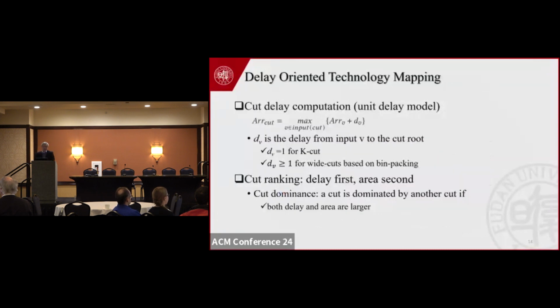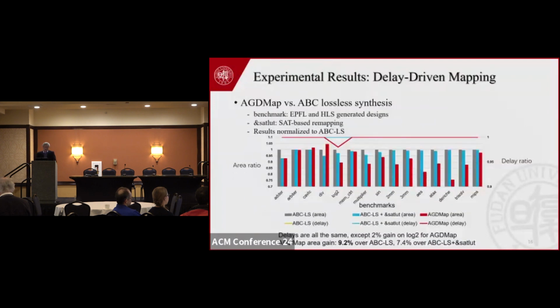Our algorithm can also be extended for delay optimization. The only change is that for each cut, besides the area cost, we also compute a delay cost. The ranking is also a bit more complicated. Basically, we consider delay first and area second. Here we compare delay-driven mapping with ABC LS and ABC LS plus SAT remapping.